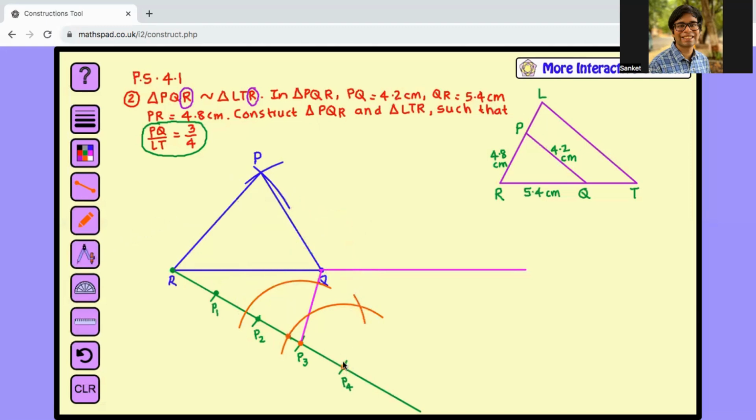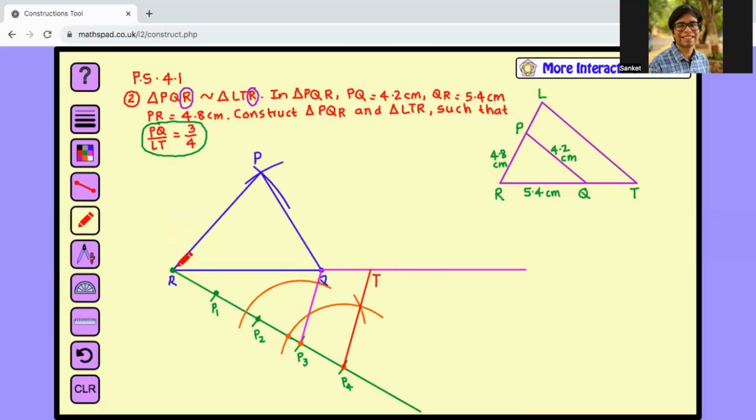Now I need to join this point with this point. So P4 with this point, extend it all the way till here. So can you see that this line and this line are exactly parallel now? So that is how I have located my point T over here.